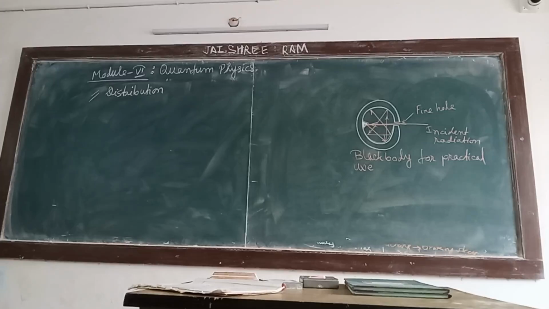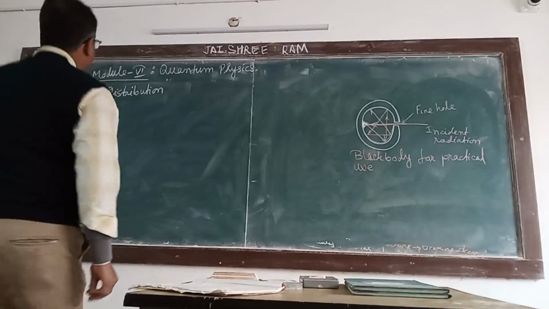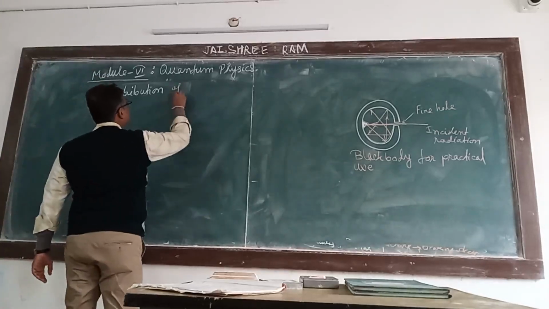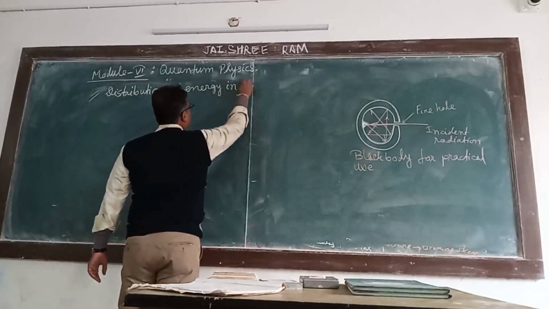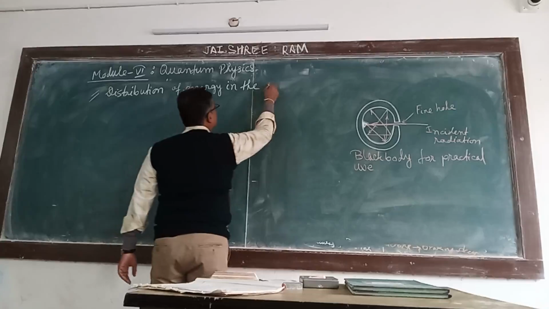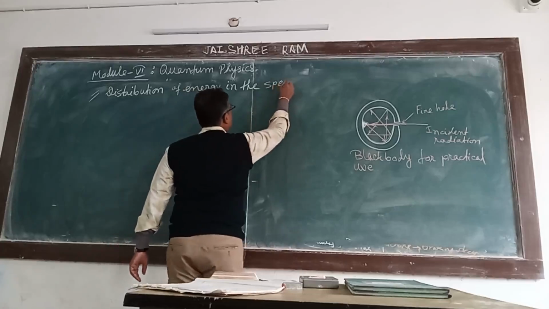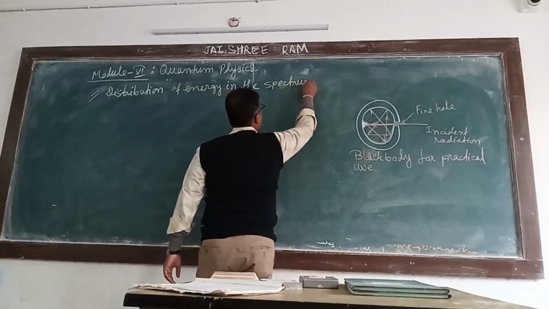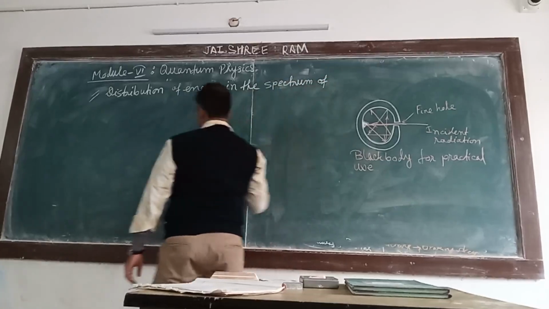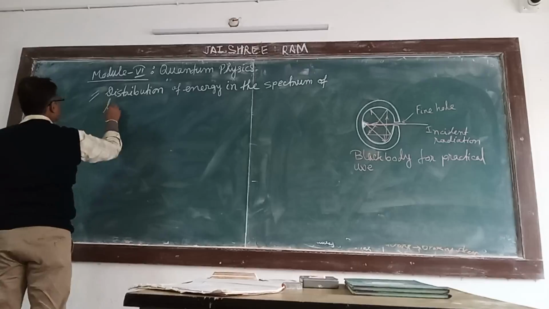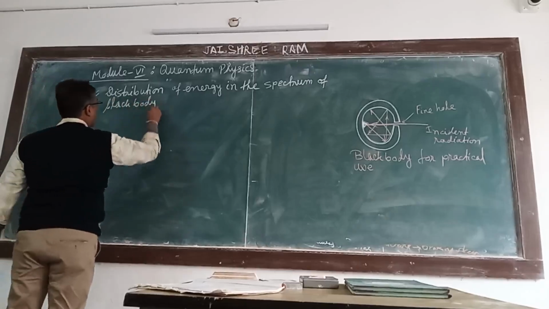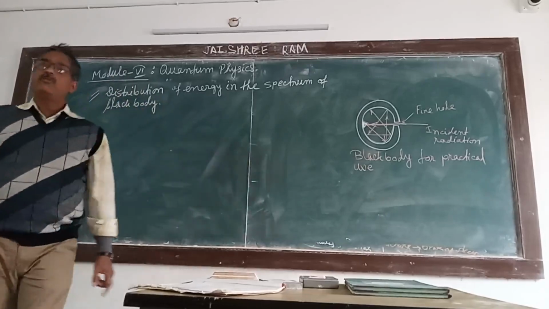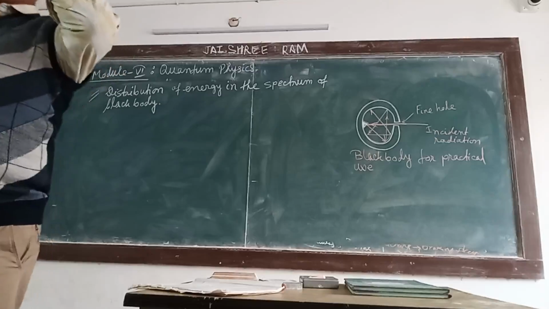Okay, now see what I wrote: distribution of energy in the spectrum of black body. It will radiate, but we cannot see it.